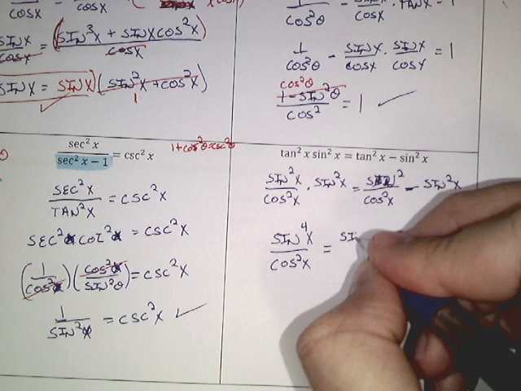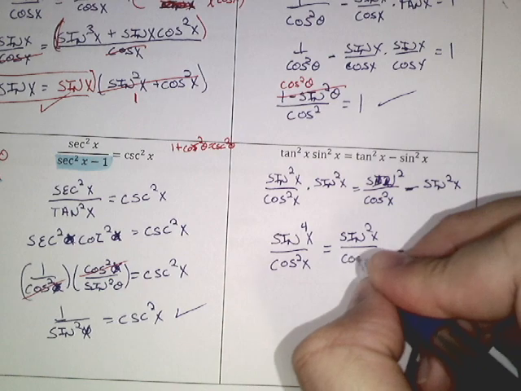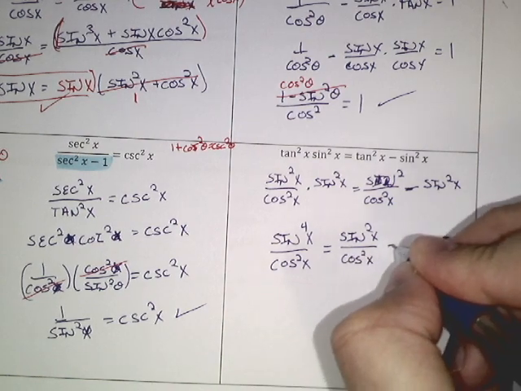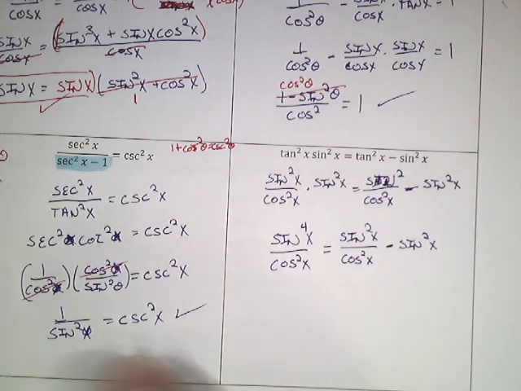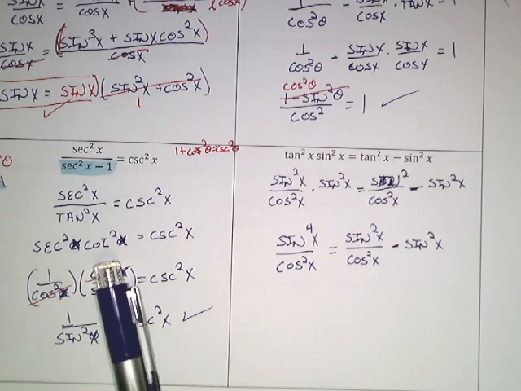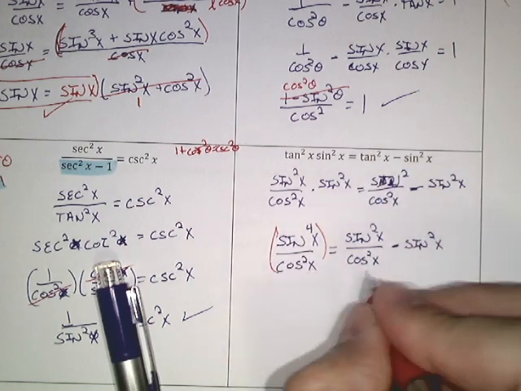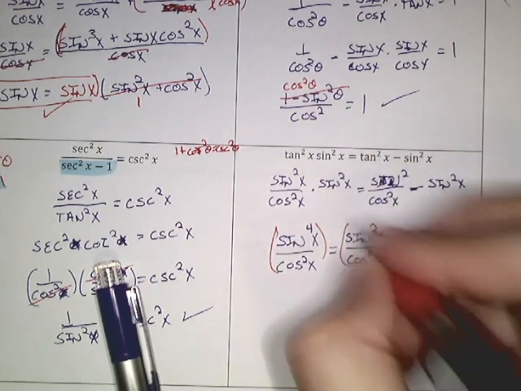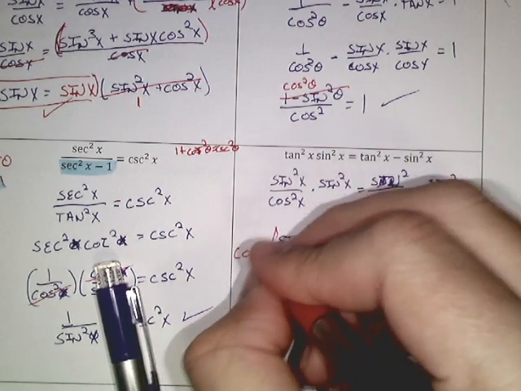sine squared x over cosine squared x minus sine squared x. Instead of getting common denominators, because that's messy and annoying sometimes, both of these have cosine squared, so I'll just multiply both sides by cosine squared x and get rid of the denominators everywhere.